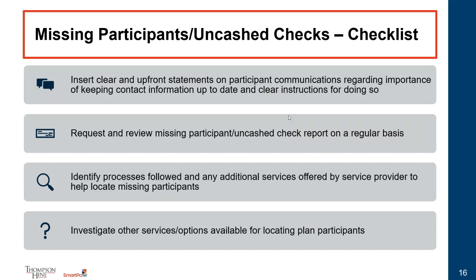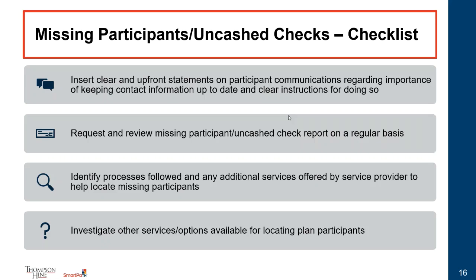And there may also be enhanced services for a fee, extra services or efforts that the service provider offers to help locate missing participants. So, ask and understand what the standard processes are, and whether there are enhanced services that could be considered.